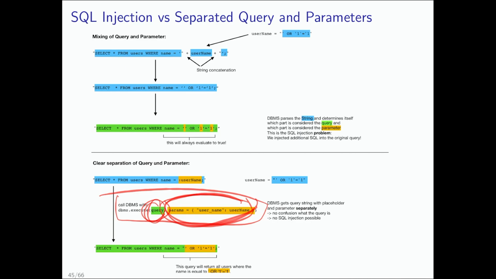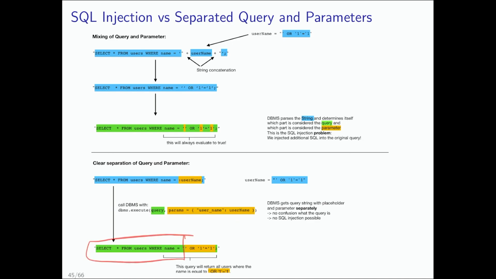Then it's crystal clear that the database system will execute it such that the semantics of the query are not changed. Whatever you insert here, in this case this wild username, will be considered the constant to compare with.